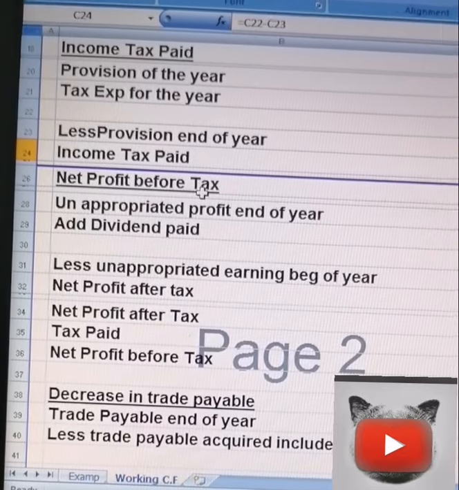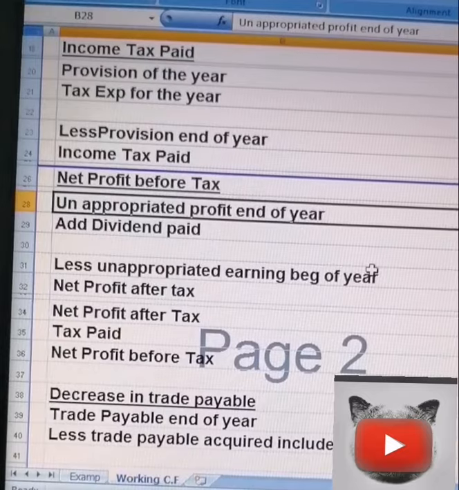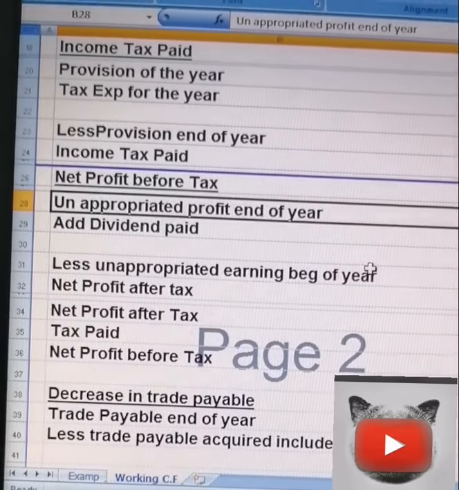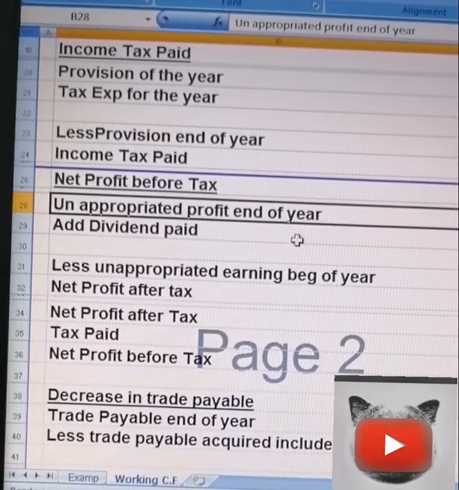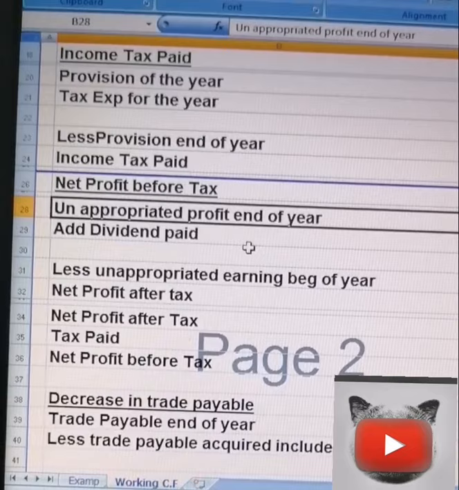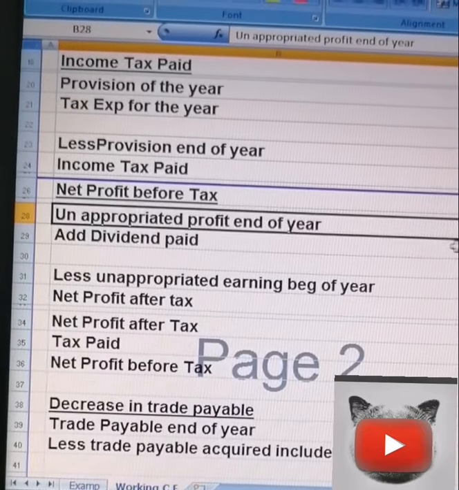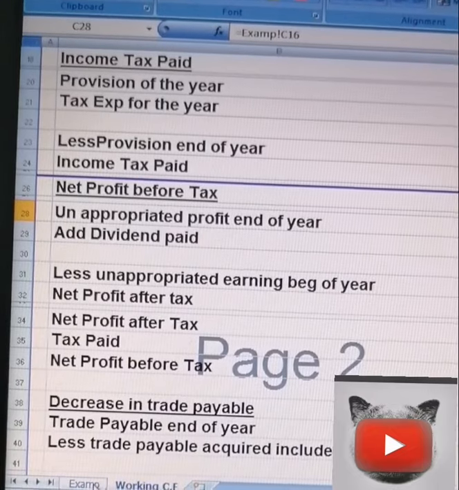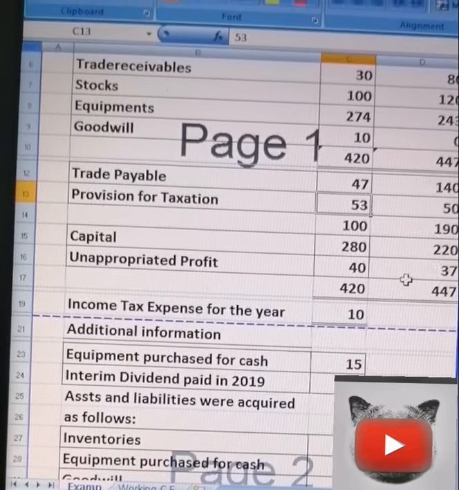Now how to calculate the net profit before tax? Because in this example, no proper profit and loss account is given, we will go on reverse calculation. Unappropriated profit at the end of the year was 40 million.